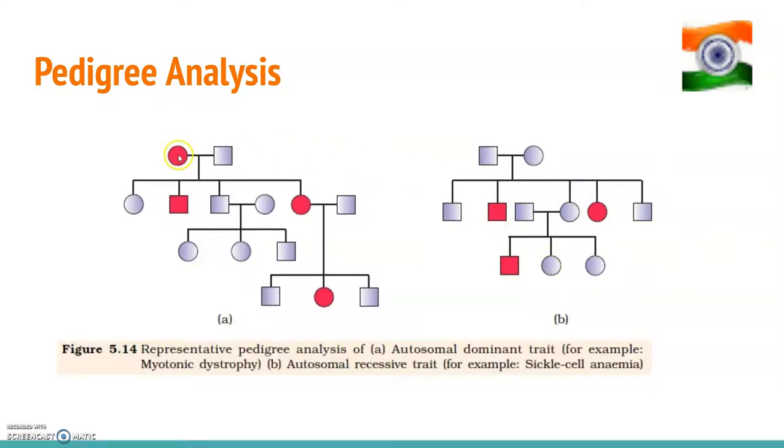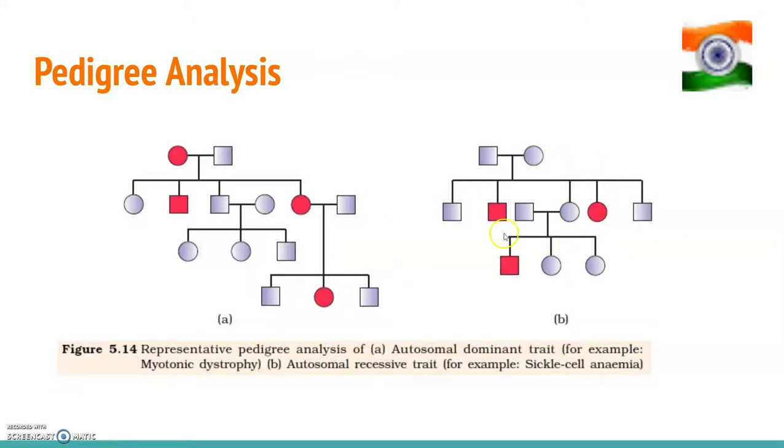Here we can see the affected female marries a normal male. So what are the possibilities in the first generation? We find that this is the ratio that is produced, and in the F2 generation we find that the dominant trait is there in the form of myotonic dystrophy.